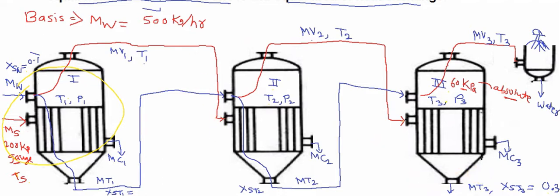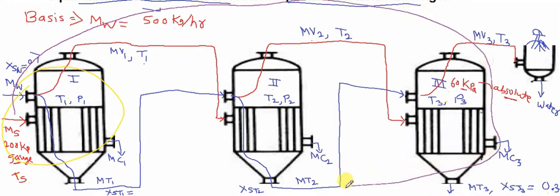So when you consider this whole evaporator, and suppose this is our boundary line and this is our boundary line, solute is added at this point, and all that solute comes from this side. Whatever solute is added to the first evaporator, all that solute you get in the third evaporator, in the outlet or the third thick liquor. In that MT3 you will get all the solute.